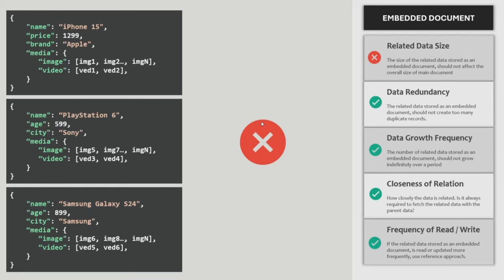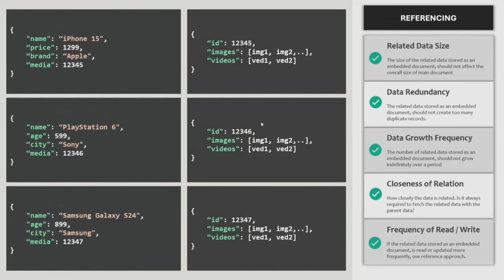So in this case, we can use the reference approach. In the reference approach, we are going to have a product collection in which we will have product documents like we have here, and we will also have a media collection in which we are going to store the media documents like we have here. On the left hand side, we have product documents. On the right hand side, we have media documents.